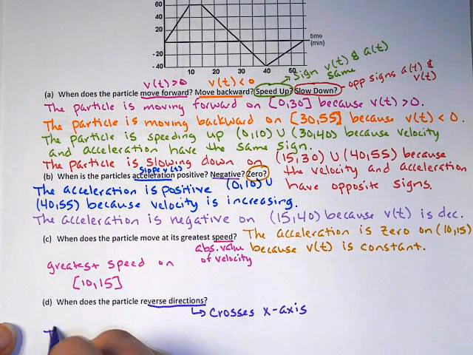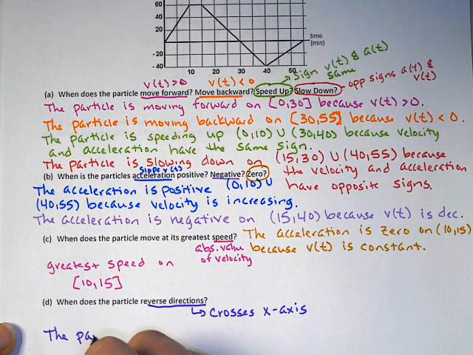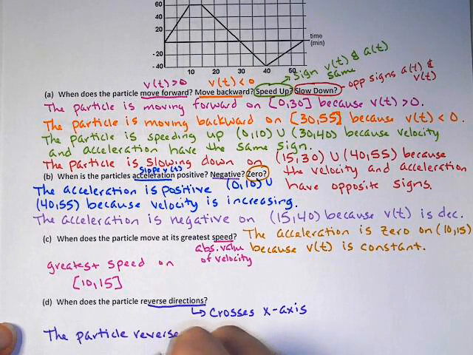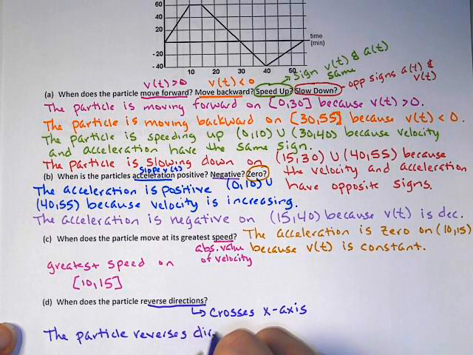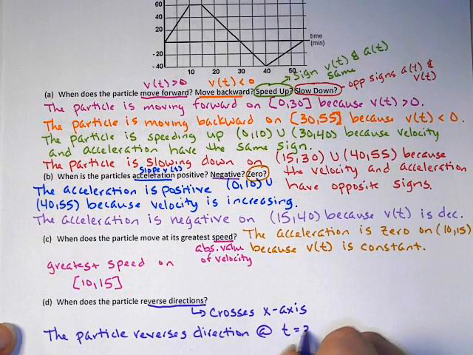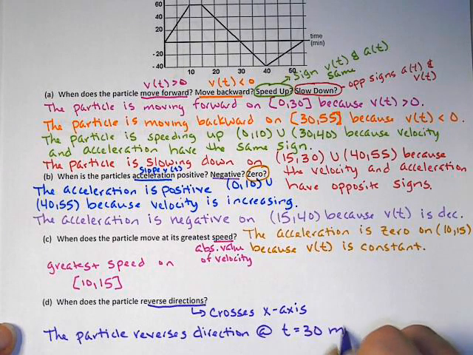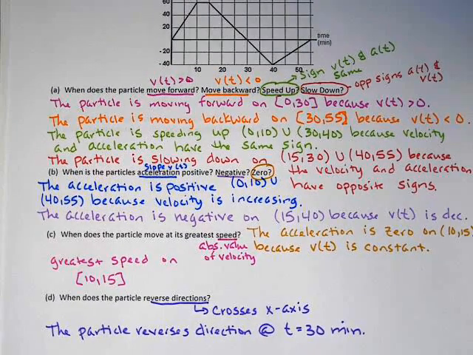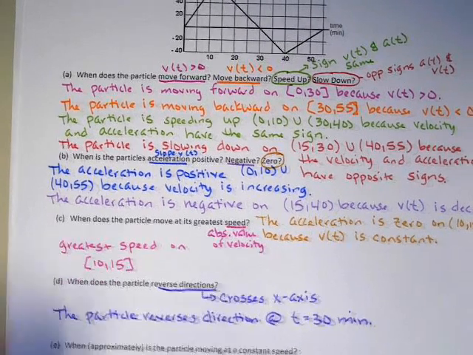So the particle reverses direction at time t equals 30 minutes. And we're not going to worry about justifying that one right now either.